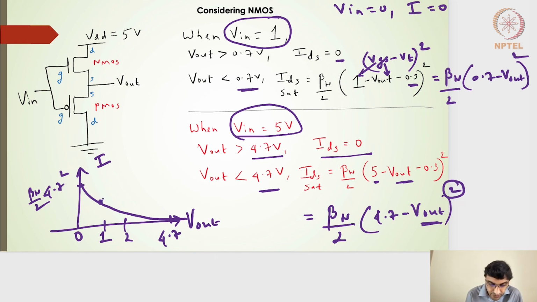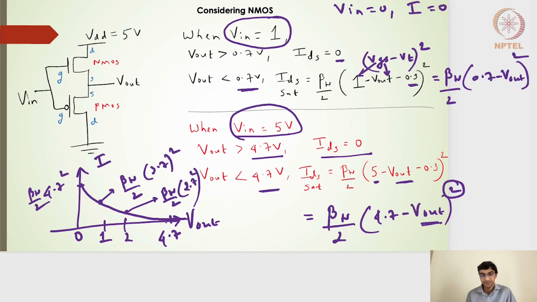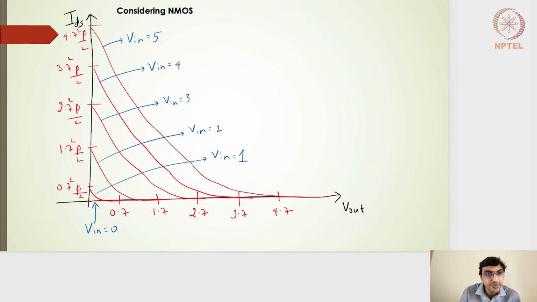So at 1 volt it is beta n by 2 times 3.7 the whole square. Similarly, at this point it will be beta n by 2 times 2.7 the whole square, and so on, and then it touches 0 at 4.7 volts. Hope this is clear.